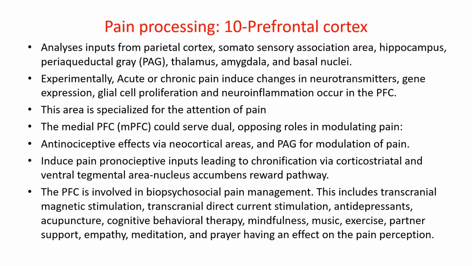The prefrontal cortex is utilized by several of the pain management strategies like biopsychosocial strategies. These include the transcranial magnetic stimulation that will suppress the pain, transcranial direct current stimulation, or use of antidepressants to reduce the pain because they are also associated with the depression.